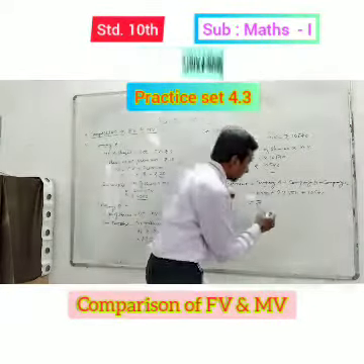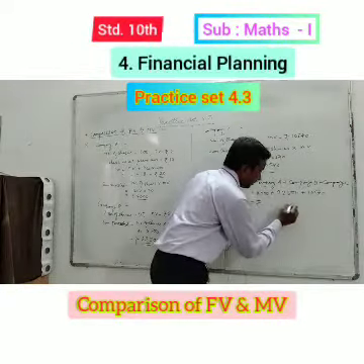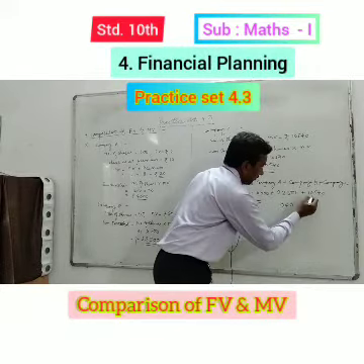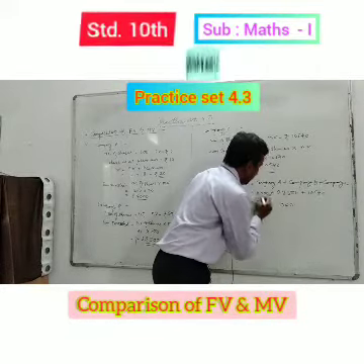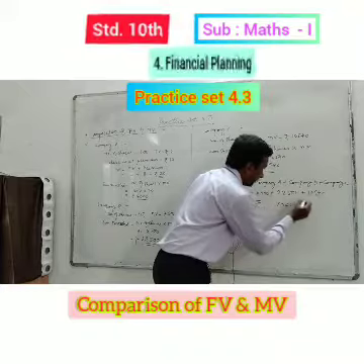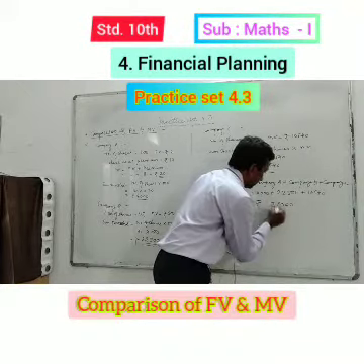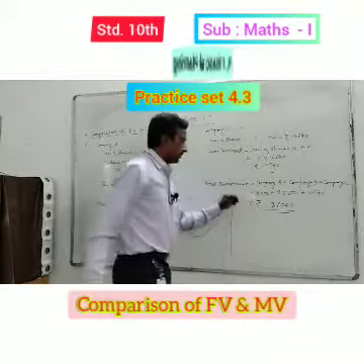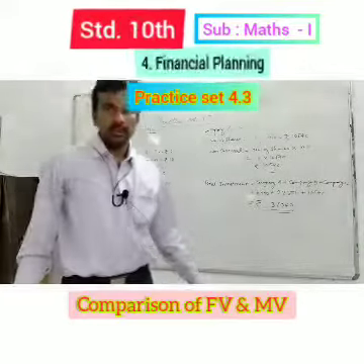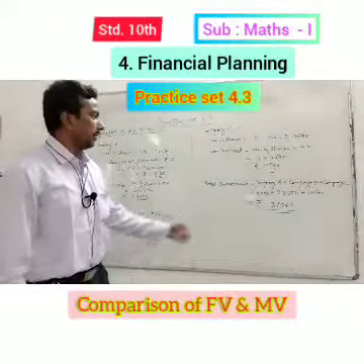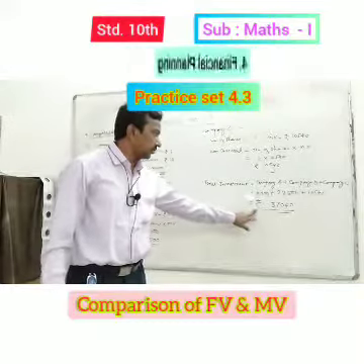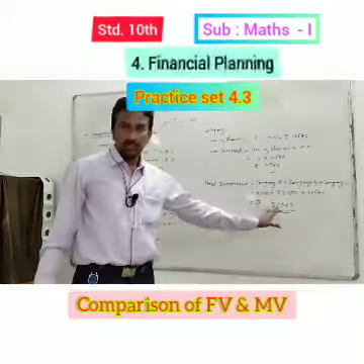Means total investment of Joseph in company A, B and C will become rupees 37,040.